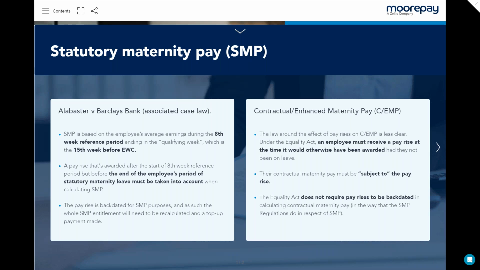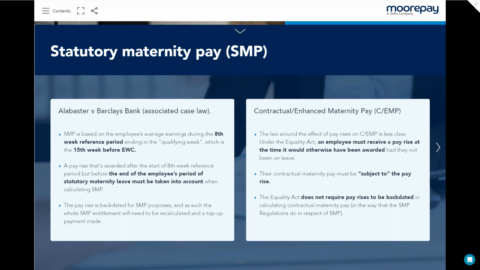If you're not sure on the detail, give us a call, we'll talk through in more detail. So if somebody gets a pay rise during their statutory maternity leave, what we would have to revisit is the SMP calculation, and we would then need to top up either the 6 weeks of 90%, taking into account the new pay rise, or if they are earning over the low earnings limit, which, if you remember, is £123, but less than the statutory maternity pay, we may have to revisit the entire 90%.